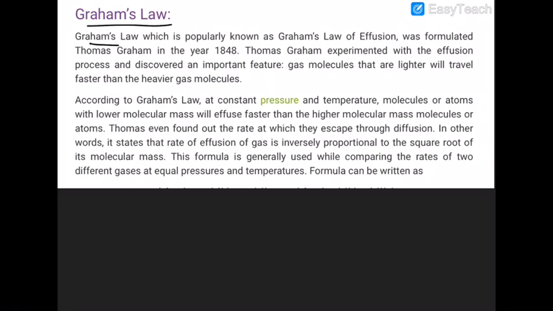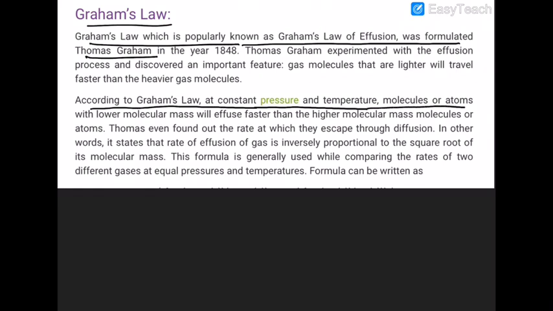Graham's law of diffusion, or Graham's law of effusion, was formulated by Thomas Graham. According to the law, at constant pressure and temperature, molecules or atoms with lower molar mass will effuse faster than those with higher molar mass.